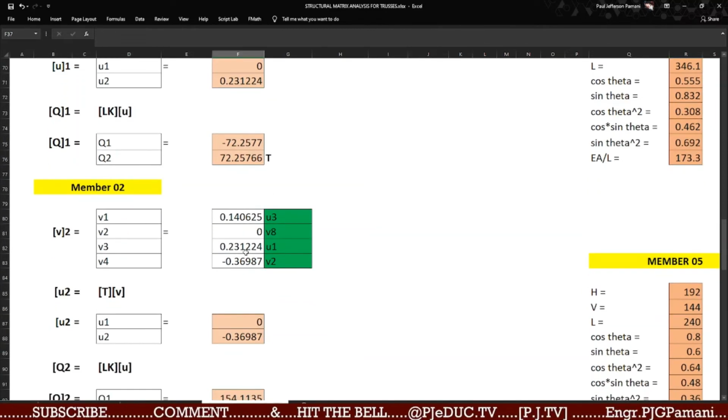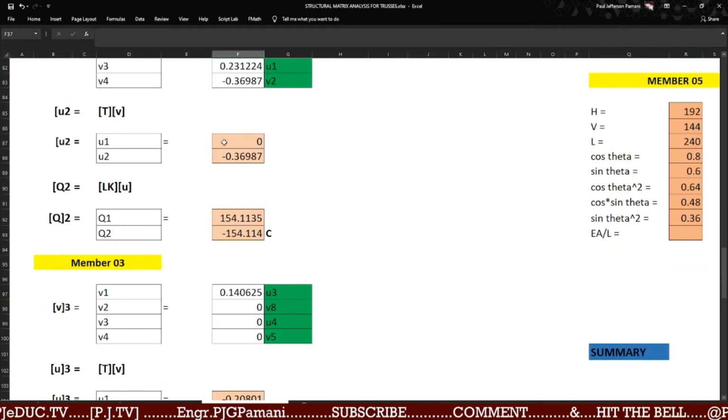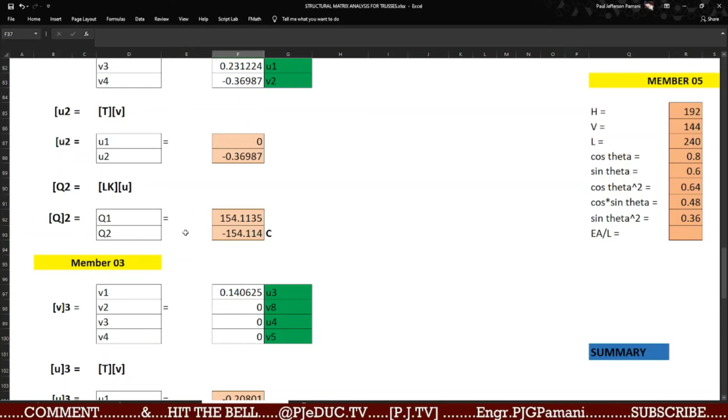Same goes will be done on member 2. Identify the deflection on the global coordinate system of the given member. Convert by identifying the end displacement on its local coordinate system. Then compute for its forces.